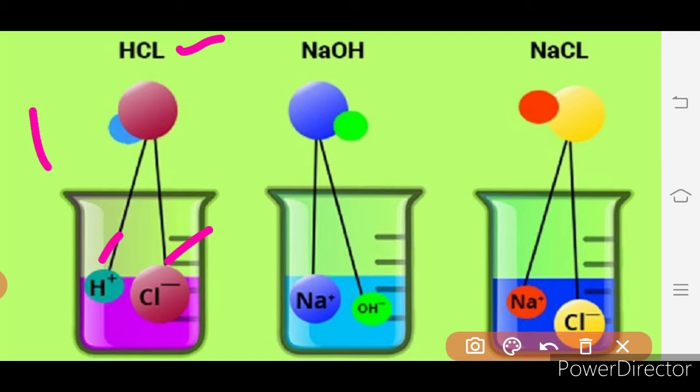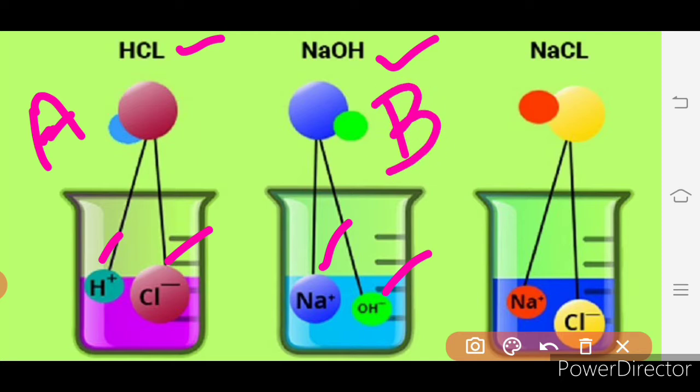So this is acid. The first one in the beaker is the acid. Then the second one is NaOH, that is sodium hydroxide. The elements here are Na plus and OH minus. So this is an example for base. And this is sodium chloride.